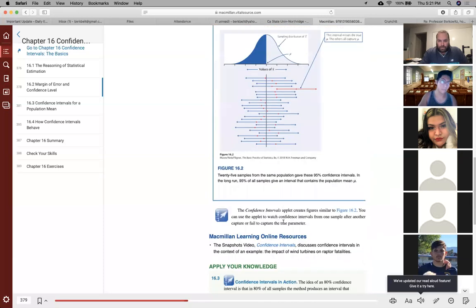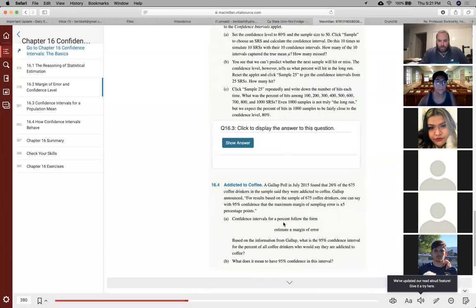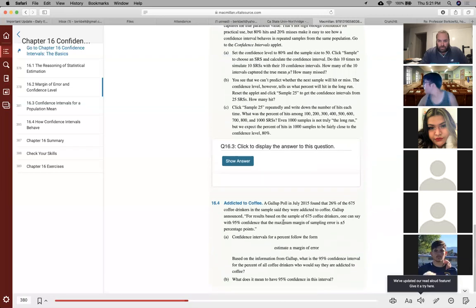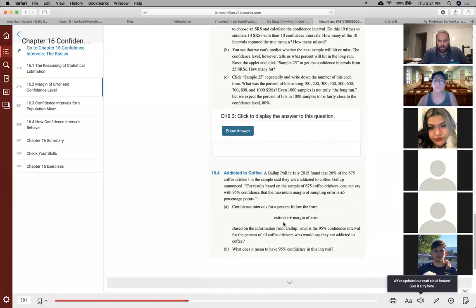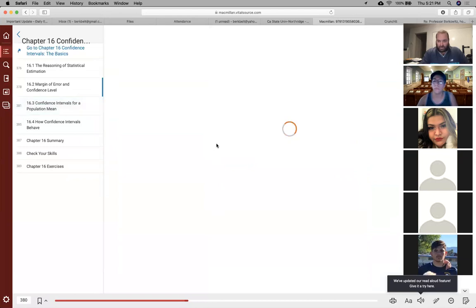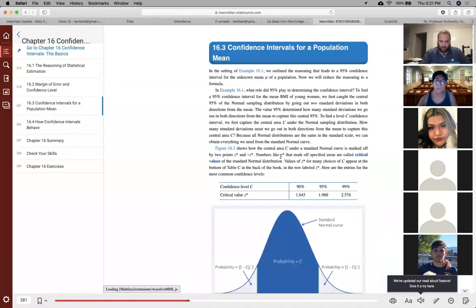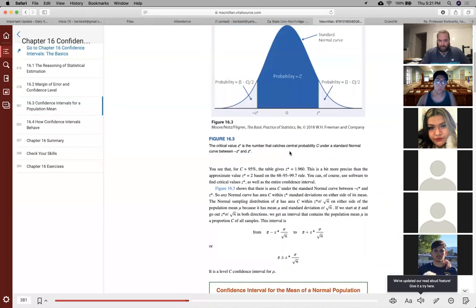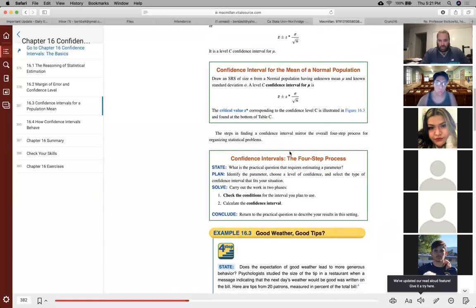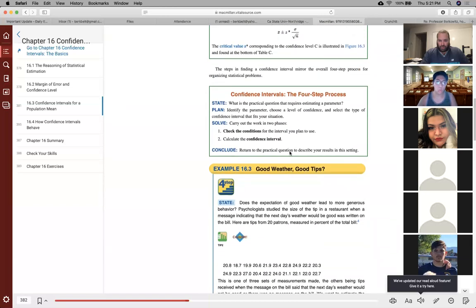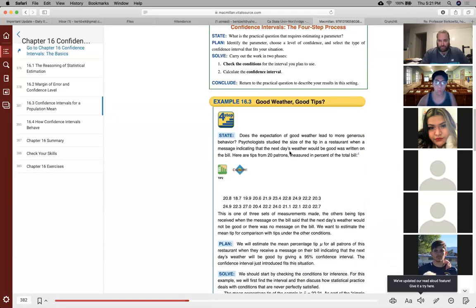Let's do an example for the next section where we actually calculate a confidence interval. I don't want to use these formulas.